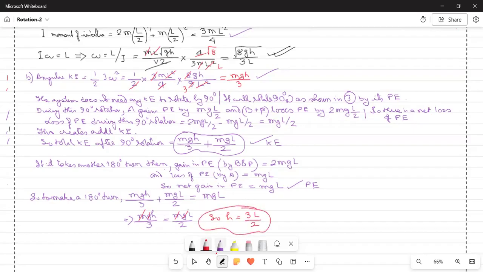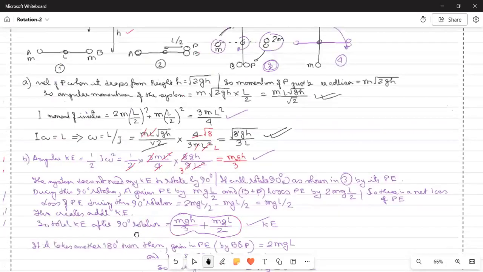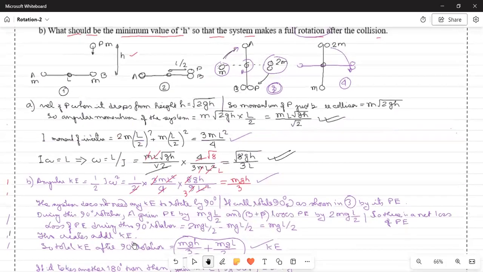That means, coming to the problem, if this height h is at least 3L by 2, then it will take a 90-degree turn due to gravity, and then it will take another 180-degree turn due to kinetic energy. And if it can come to this position, then it will, of course, take at least another 90-degree turn to make a complete full rotation. So that was the problem, right? We shall take the next problem now.